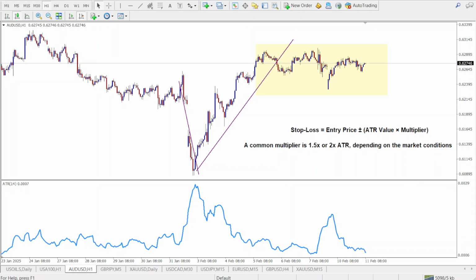Now, for high volatility, use wider stops, which is 2 times ATR, to prevent getting stopped out too early. Then for lower volatility, you can use tighter stops, which is 1.5x ATR, to help manage risk.